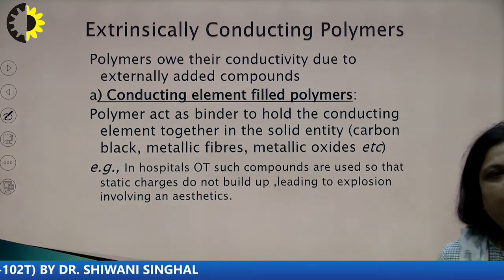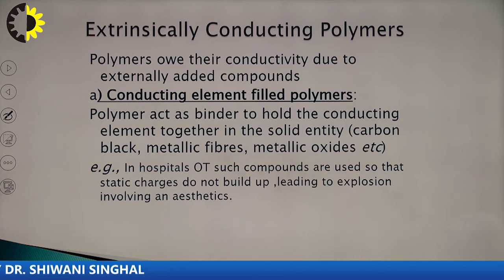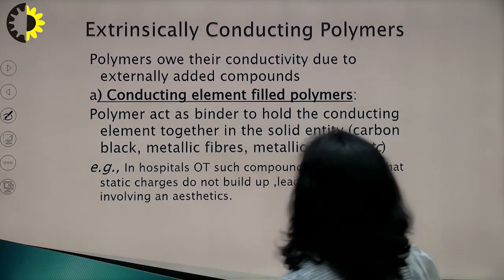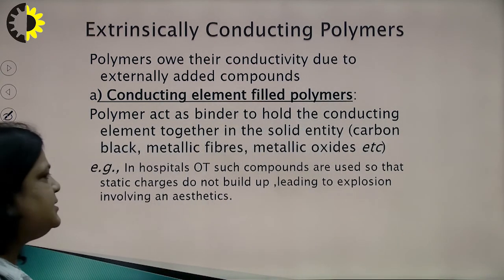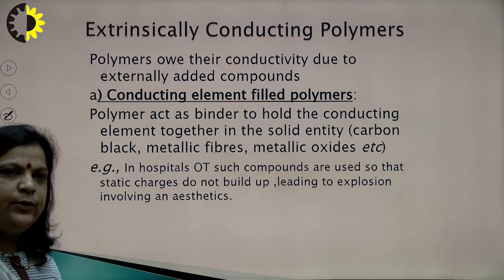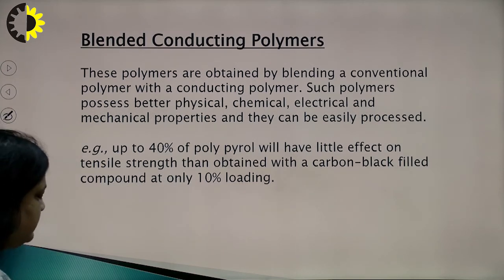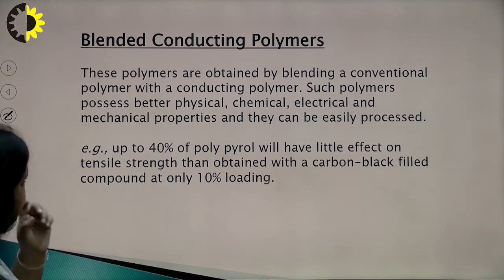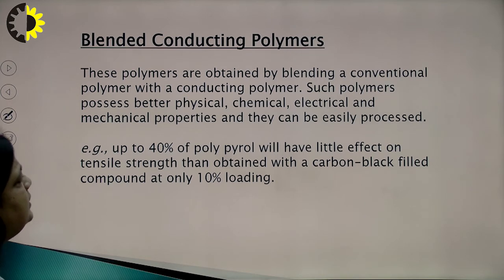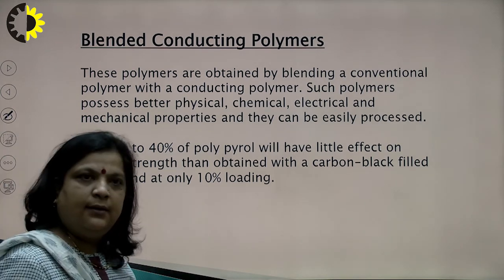For example, in hospital operation theatres, such conducting element filled polymers are used so that static charges do not build up, which could lead to explosion involving anesthetics. Now, blended conducting polymer. Blended means mixing.